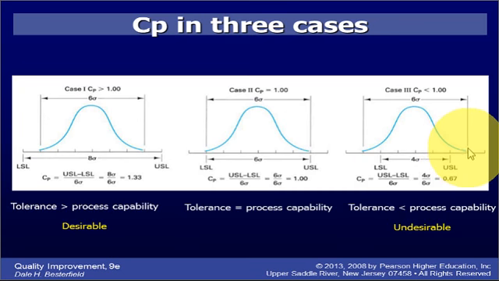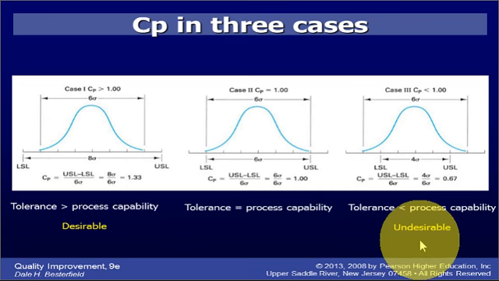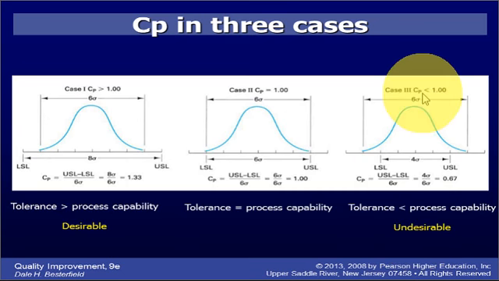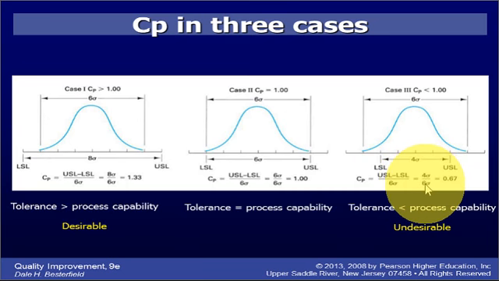So you're still producing non-conforming products even though your process is in control. So this is an undesirable case. And in this case, the Cp value is less than 1 because your tolerance is smaller than the process capability.